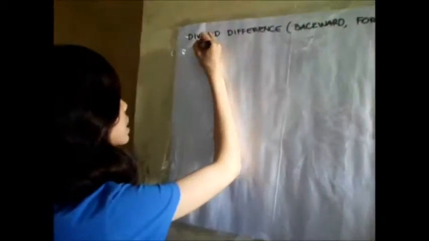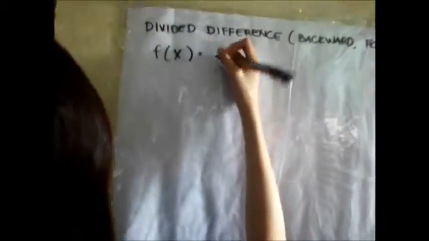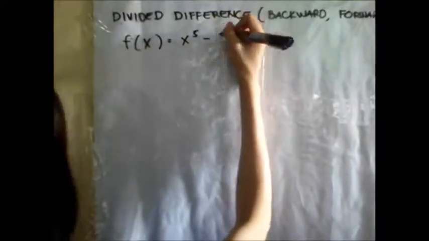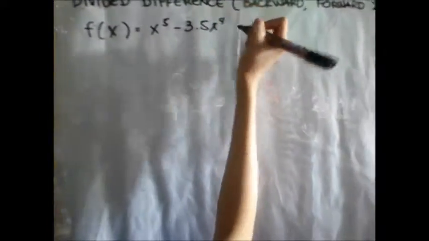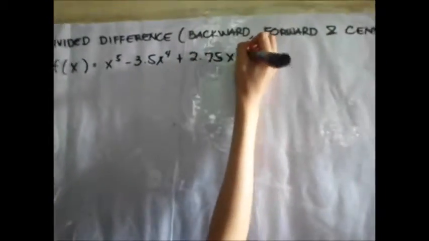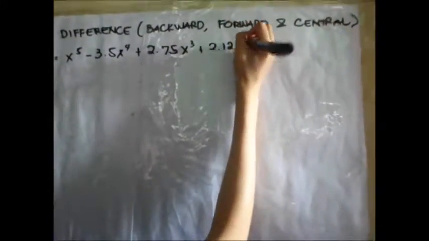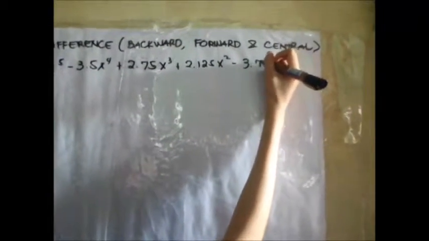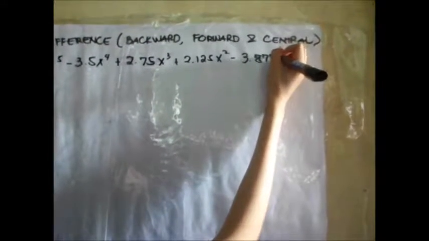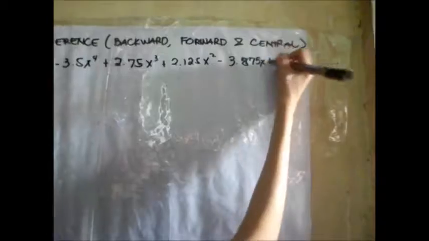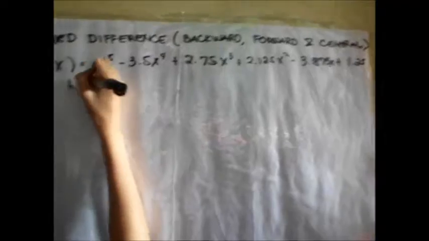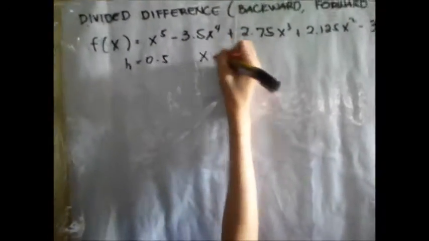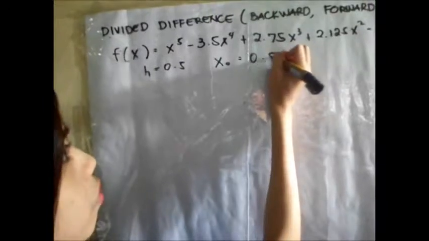For example, we have f of x equals x raised to 5 minus 3.5 x raised to 4 plus 2.75 x raised to 3 plus 2.125 x squared minus 3.875 x plus 1.25. We have a step size of 0.5 and x sub 0 of 0.5 also.